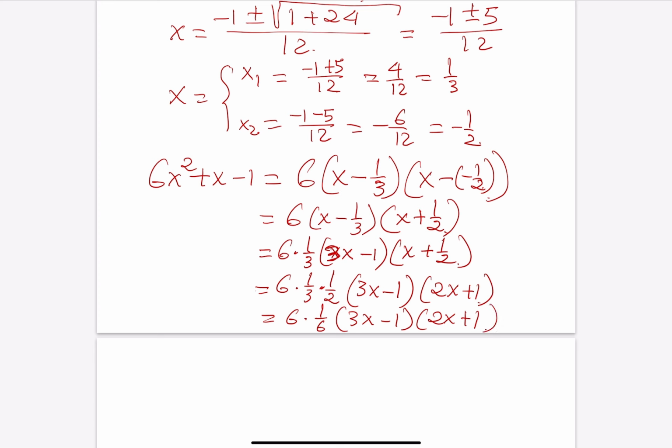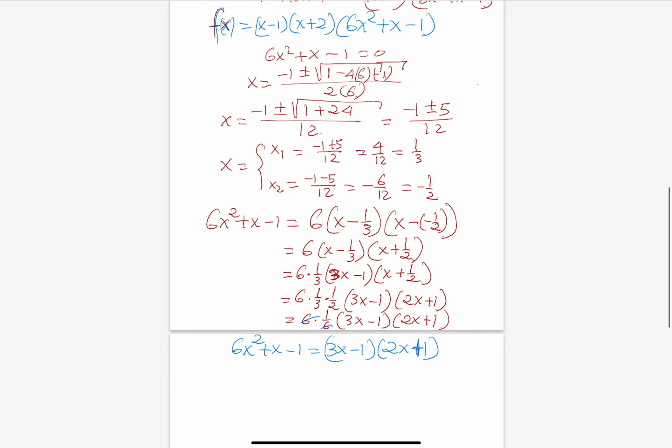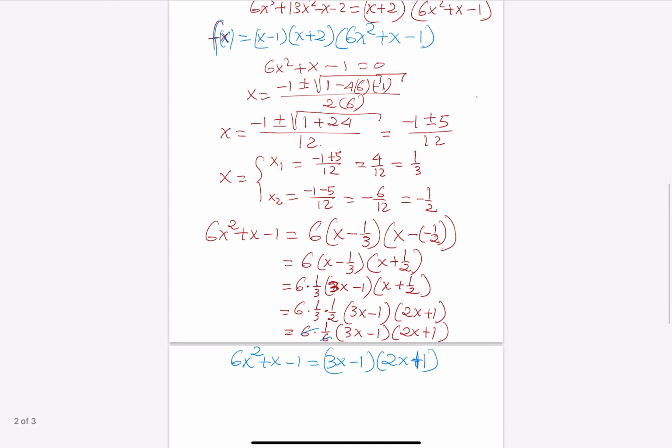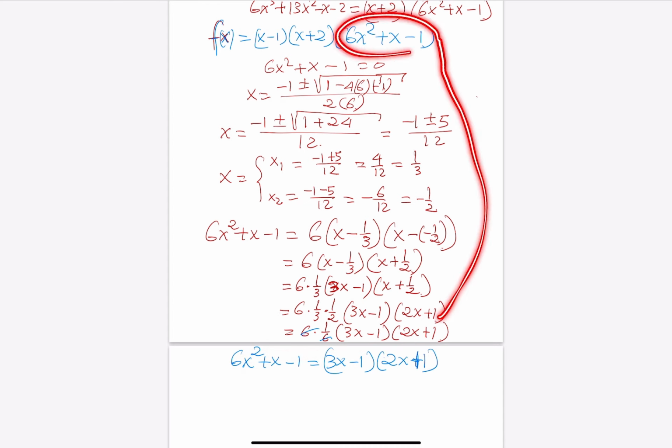Good. Then the 6 will cancel out, and you end up with 6x squared plus x minus 1 equals 3x minus 1 times 2x plus 1. That's it. Take this one and replace it back here.